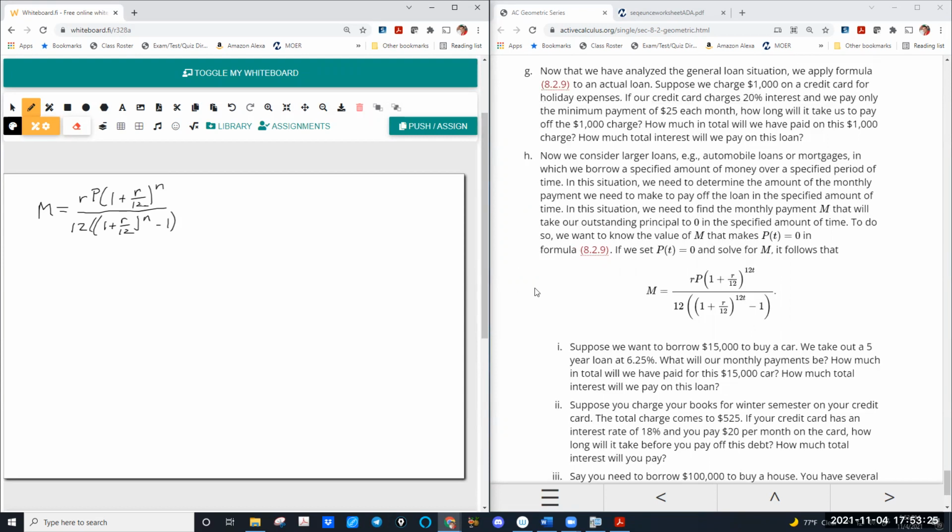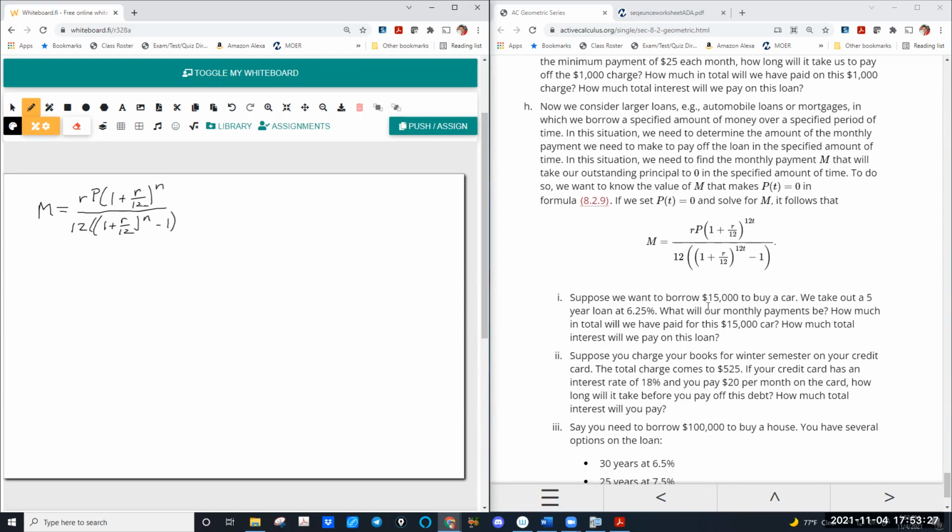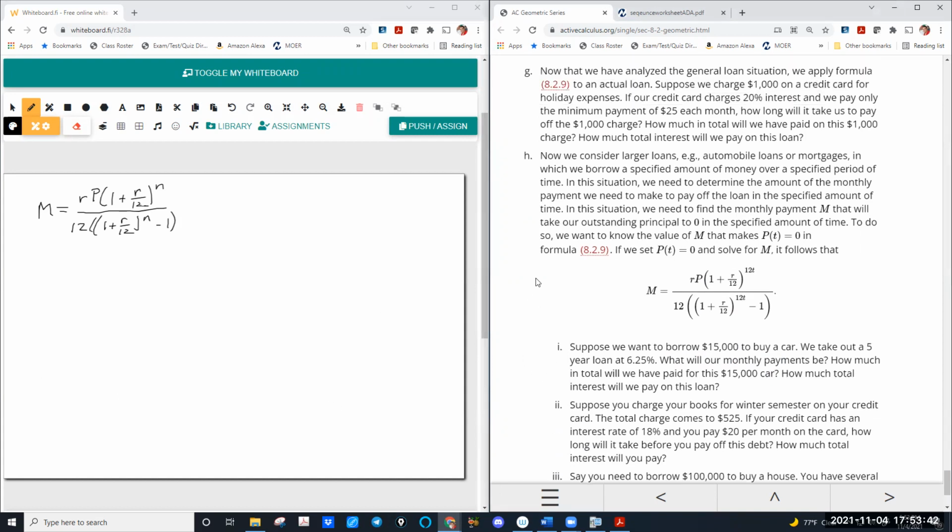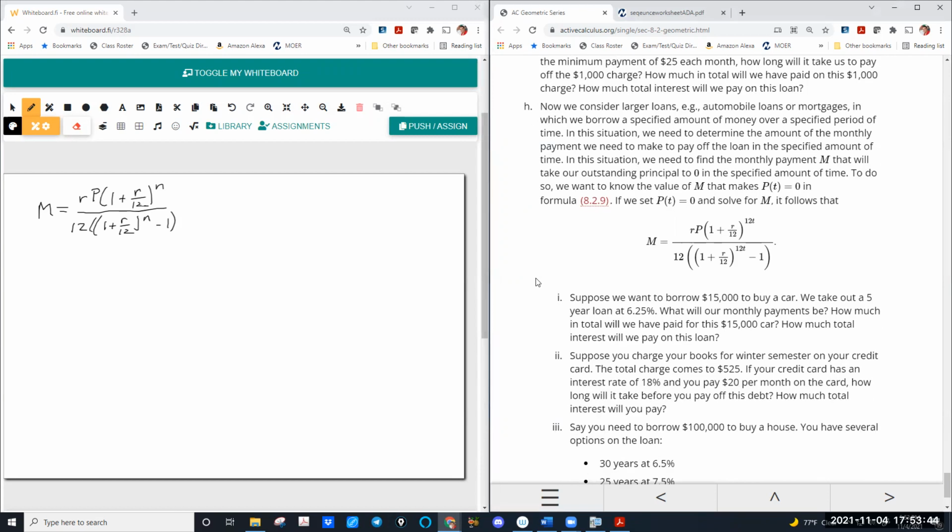You have the formulas. Here, what will our monthly payment be? Well, you're going to use this formula here. How long will it take to pay off the credit card? That's kind of like the one we just did on the other slide. Okay, so I just want you to try H1 and H2 in your groups. I'll send out the answers because I don't have them on a sheet ready to go just yet, and I'll send them out to the breakout rooms. But any questions about what you're going to do before we break into groups?